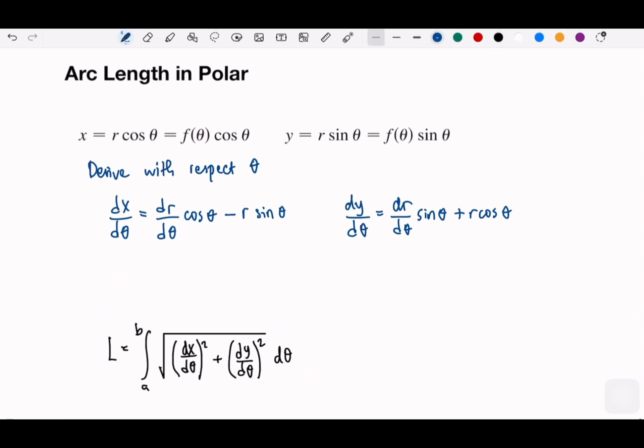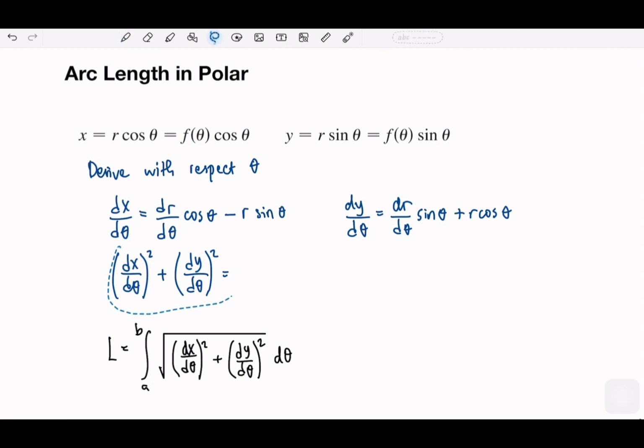let's start by taking this dx d theta squared, and then taking the dy over d theta, also squared, which means we are going to have a quadratic expansion. Okay, so it's long, but I think it will be helpful.